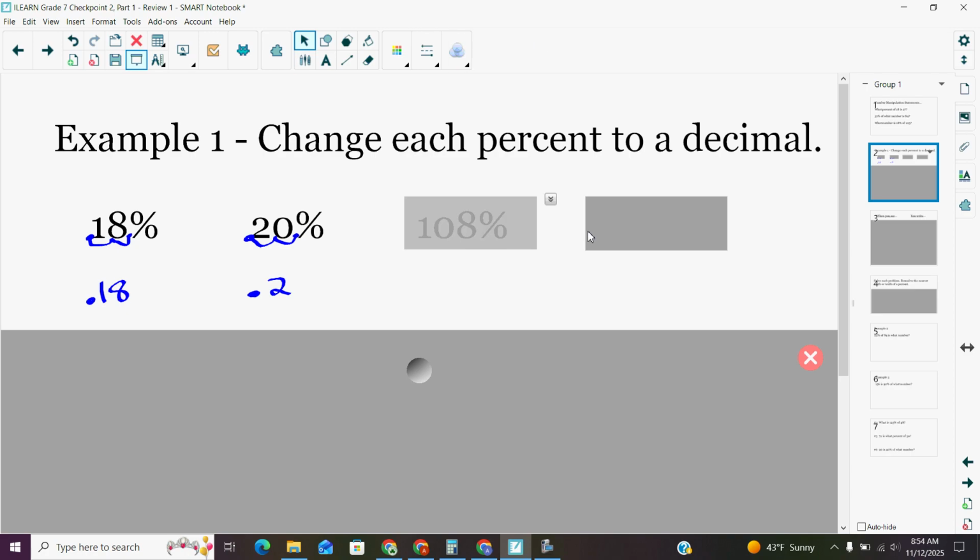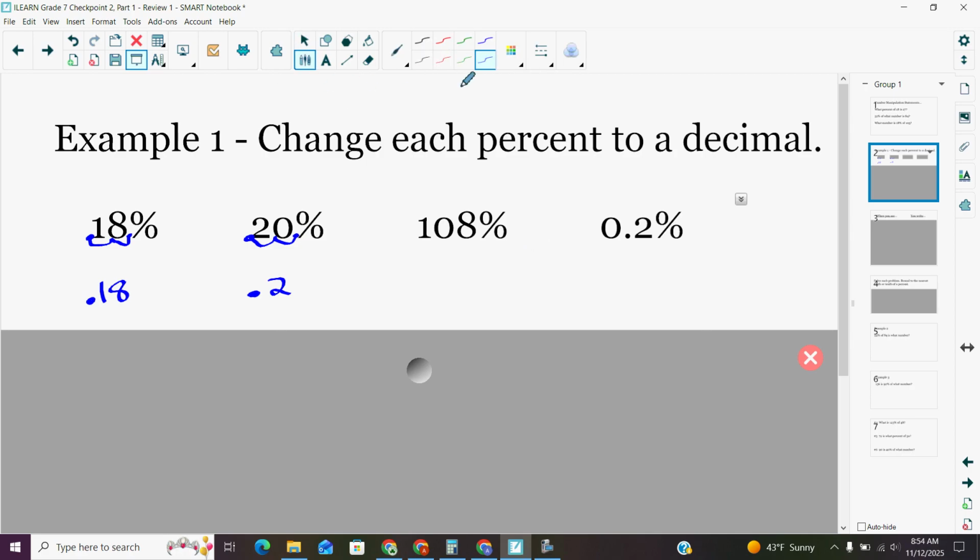You get the last couple. 108% or 0.2%. 108, we're moving it 2 places to the left. 108% is 1.08. 0.2% is right here.